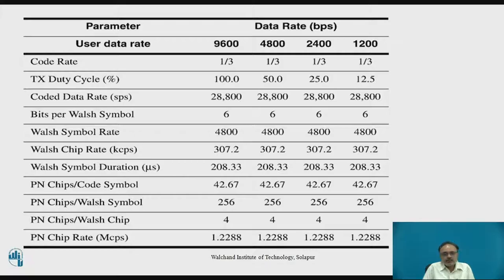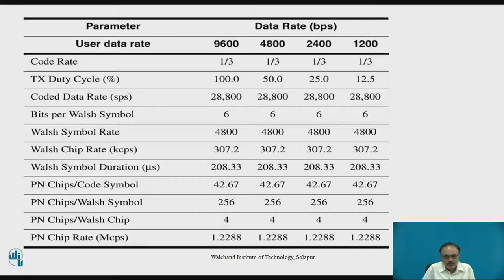There are various characteristics, all the parameters associated with the reverse CDMA channel. As we have seen, it is defined with various rates from 9600 to 1200. They are defined with respect to code rate, duty cycle, data rate, bits per Walsh symbol, as well as the rate associated with bits per Walsh symbol, which is almost constant for all data rates.